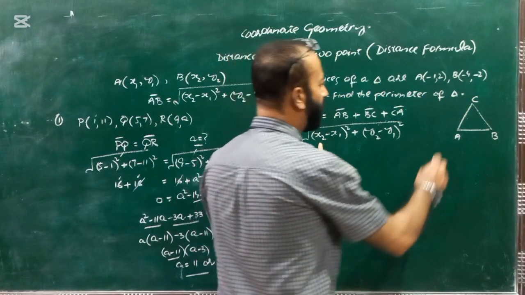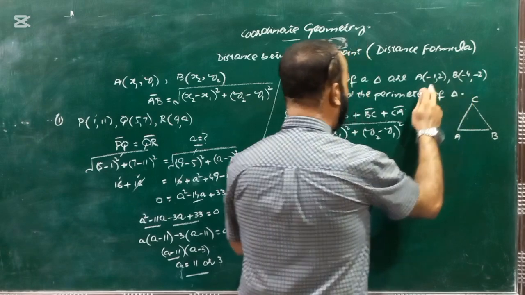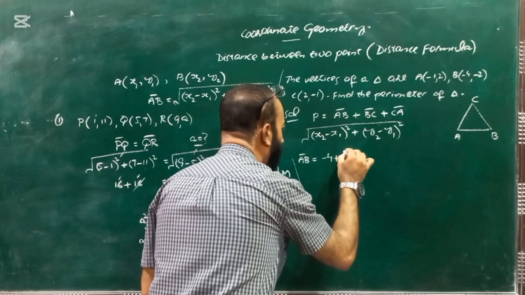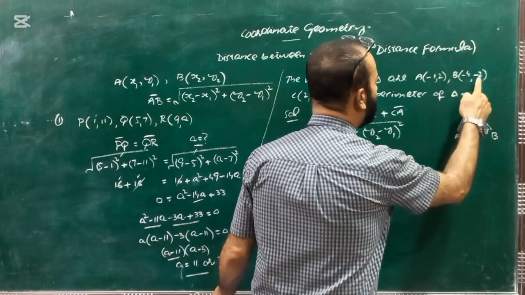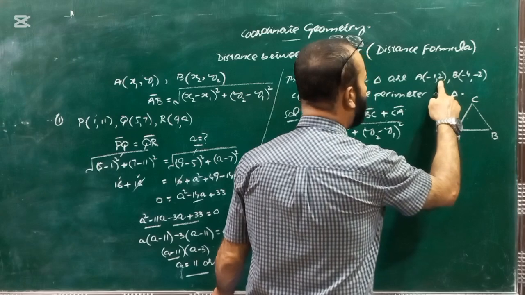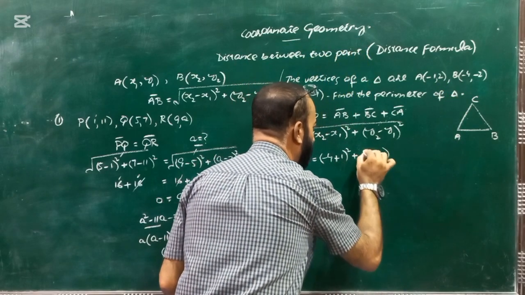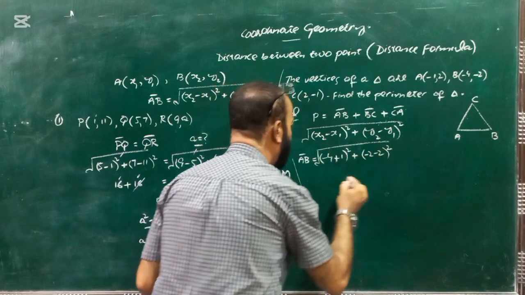So x2 minus x1: minus 4 minus minus 1, so minus 4 plus 1, whole square, plus minus 2 minus 2, whole square, root.